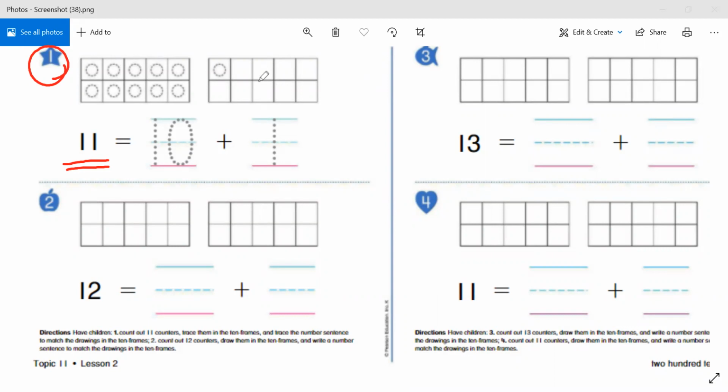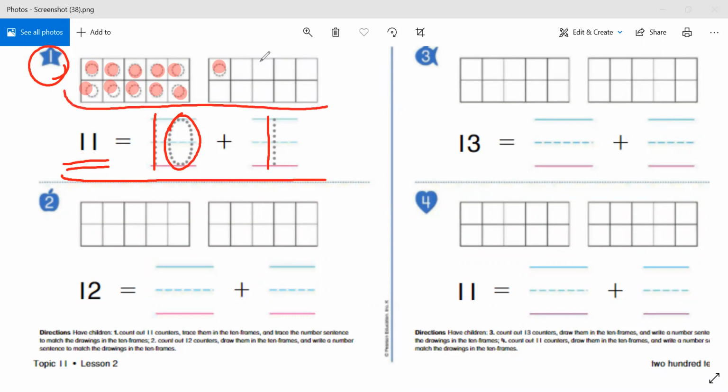So we are going to first trace them in the 10 frames. We'll fill in our first 10 frame because we know that is 10. And then we have 1 in our second 10 frame. So now let's trace 10 and 1. So our number sentence is 11 equals 10 plus 1. And that's what we showed up here.